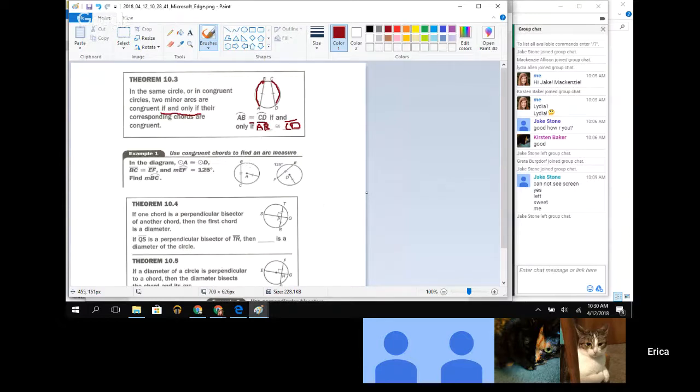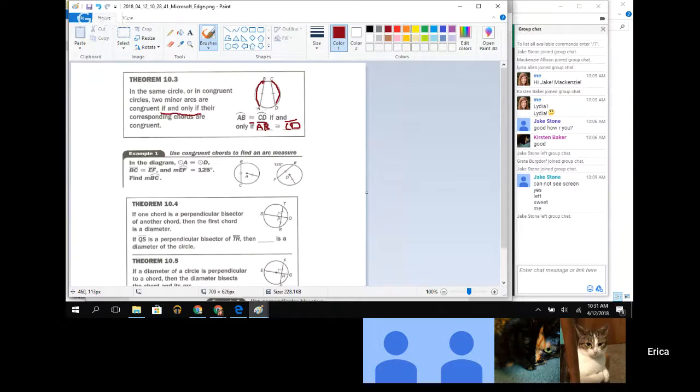Okay, so I think this kind of makes sense. If you have two congruent lines cutting a circle, then you're going to cut the arcs of the circle to be the same size.